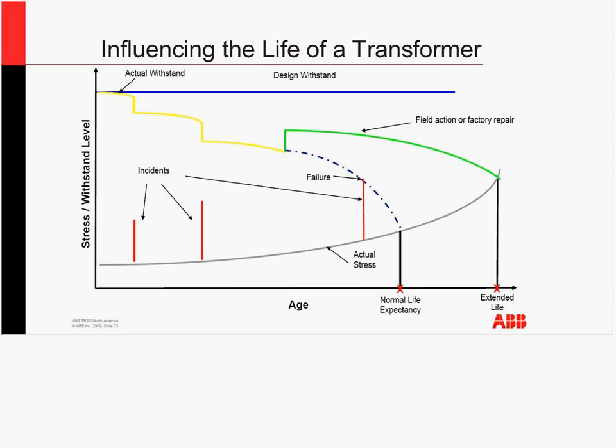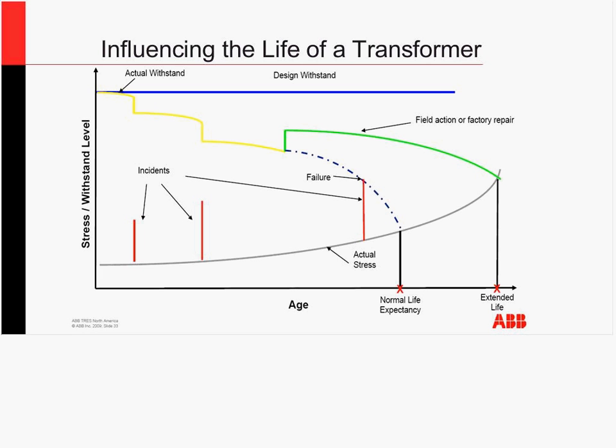But we do see that we can control this yellow line a bit and cause this curve to shift up via this green curve by assessing the health of our insulation and performing maintenance tasks when it makes sense to. So, for example, moisture severely ages insulation, so we care about it for that reason. It also lowers the dielectric withstand capability of the insulation system, and it could cause a premature failure.